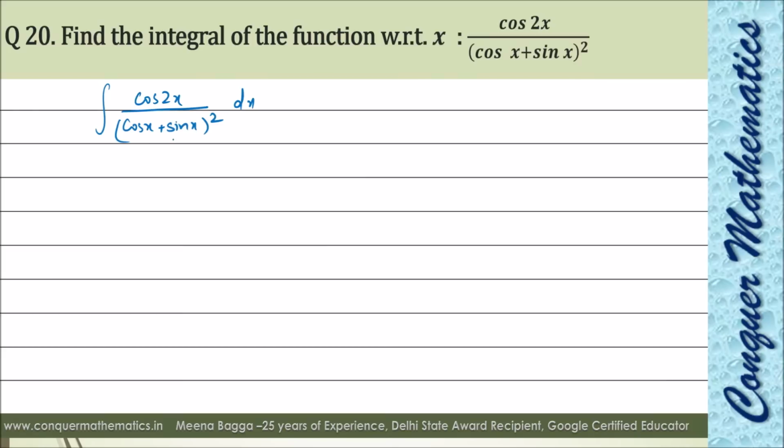That can also work. Let us just do it by that. Another way is there, I will show you that also. This will be cos square x plus sin square x plus 2 cos x sin x.